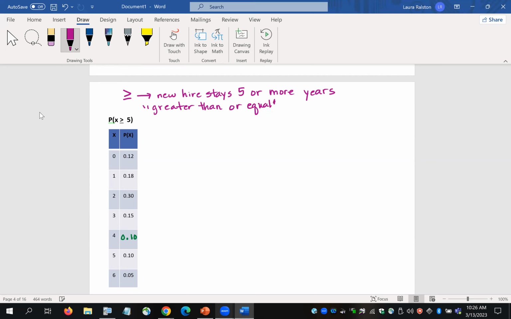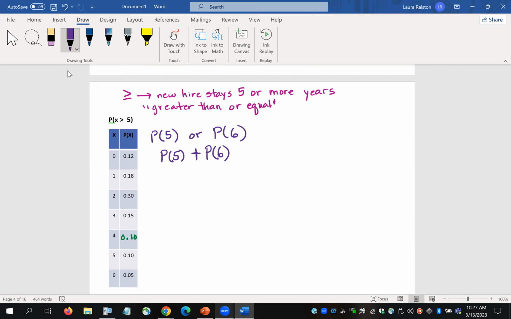So think about what that would mean. If I want to be greater than or equal to, that really means it could be the probability that he stayed exactly 5 or the probability that he stayed 6. In probability theory, the word or means to add. So if I add together the probability of 5 and the probability of 6, that's going to tell me the probability that a new hire stays 5 or more.